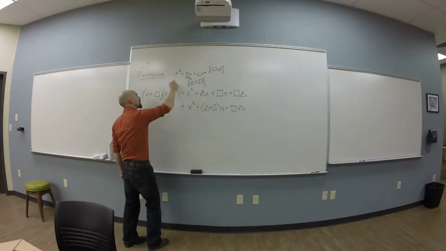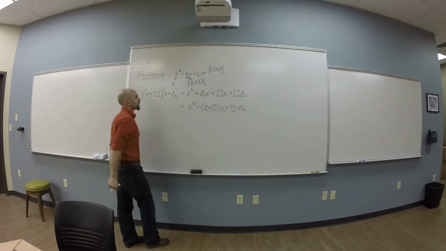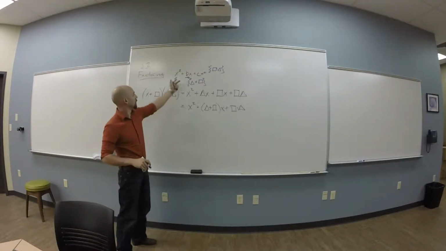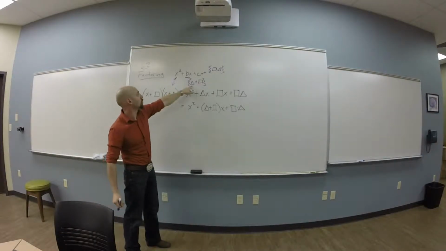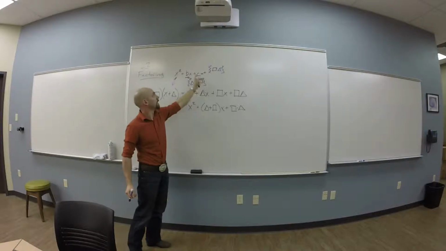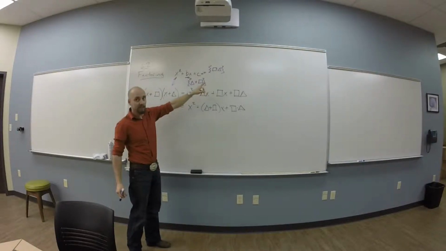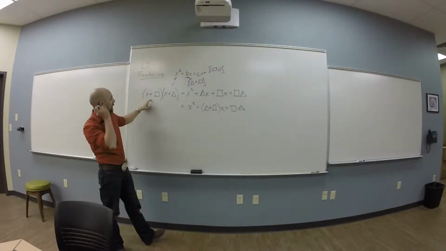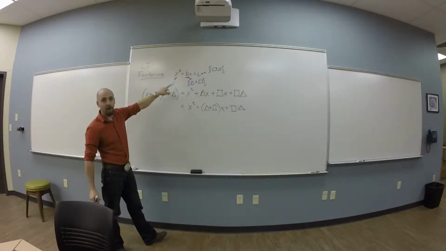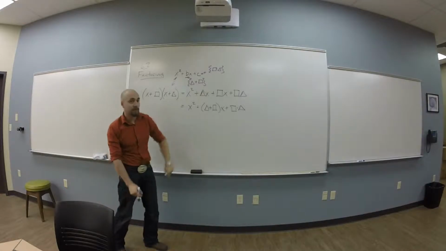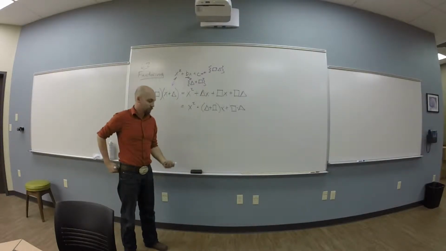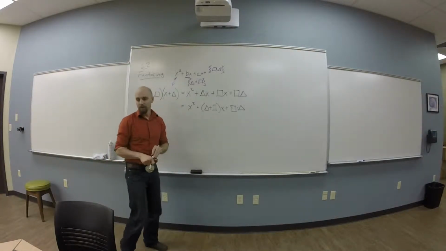So I start with x squared plus bx plus c and wonder, can I find two numbers that add to b and multiply to c? If I can, then I can factor my polynomial as x plus box times x plus triangle.